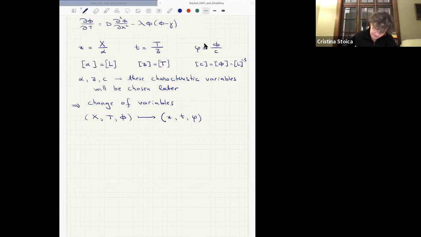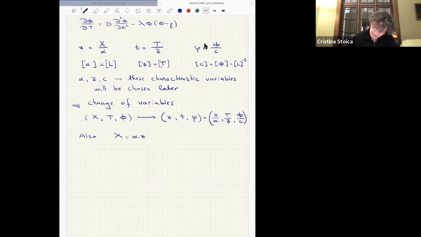So we know, for instance, that little x is x over alpha, just to be complete in my exposition here. But what we will use for sure is that x is alpha little x, t is tau little t, and phi is little c little phi.